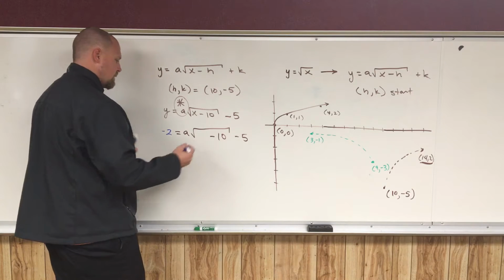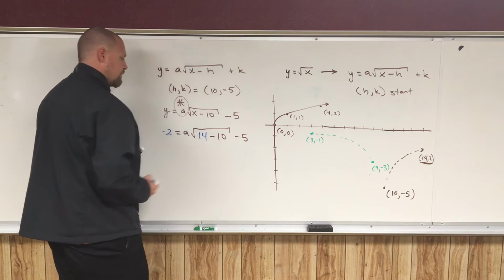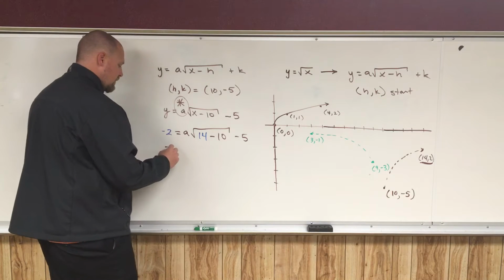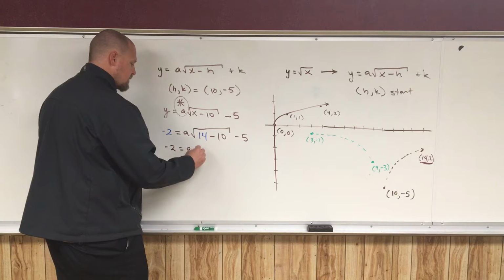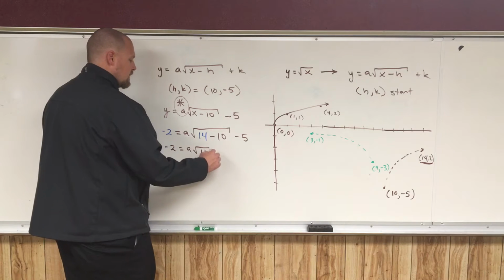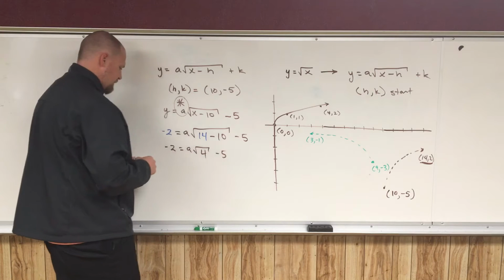I know that x is 14. And then I can simplify. I have 2 equals a times the square root of 14 minus 10, which is 4, and then minus 5 out front.